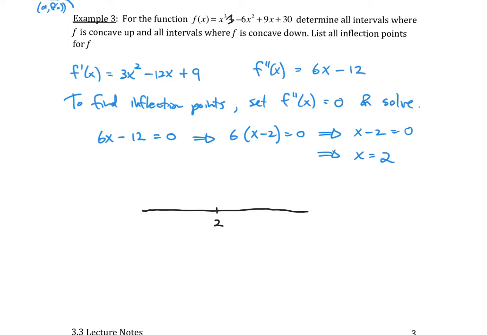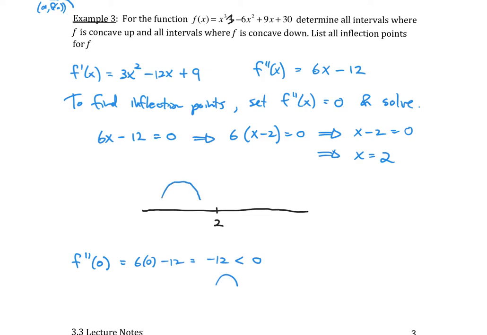So if I take f double prime of 0, that's a value that's less than 2. I'm going to get 6 times 0 minus 12. That's equal to negative 12. This is less than 0. That means because it's a negative thing, that means you're concave down, so that's sad. So let me put a little sad face on that side.